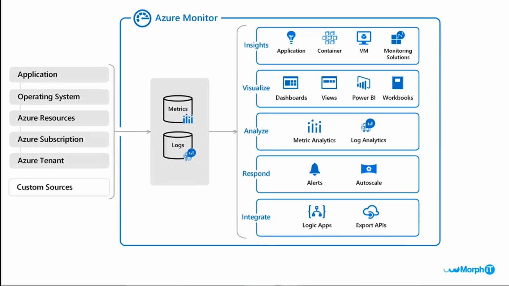For me, I look a lot at Log Analytics, which our databases feed metrics and diagnostic information into. I'm going to query Log Analytics, but also, in the respond box, there are four boxes down, we're going to alert, and we might use auto-scaling functions.